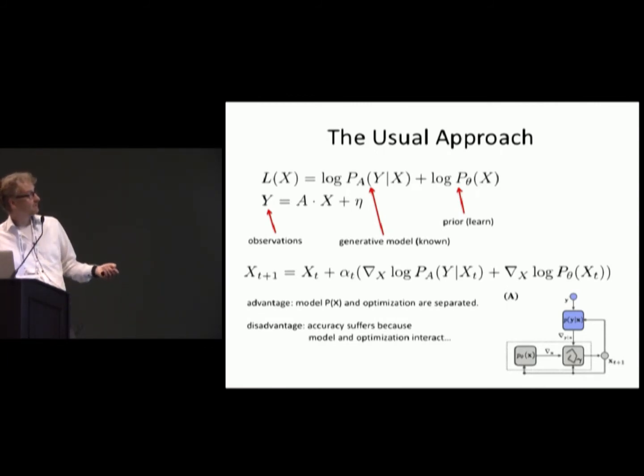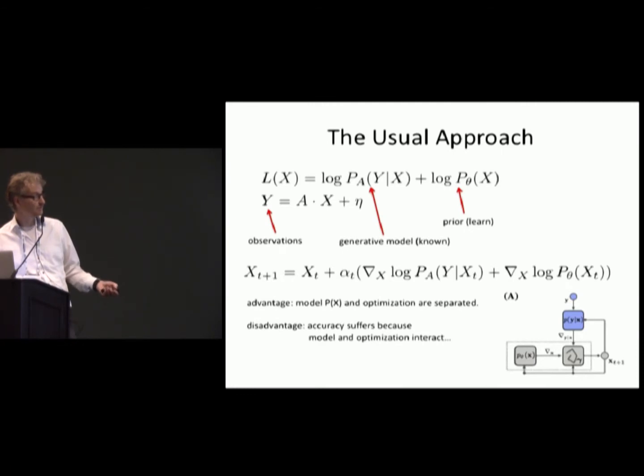The typical way is that I need to find the most likely explanation X, which means I need to maximize this over X. So we compute the gradient with respect to X of this expression, and then we do gradient ascent on that cost function. That works, but the recipe would be to look at this and then generalize.